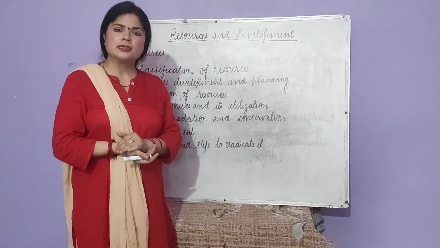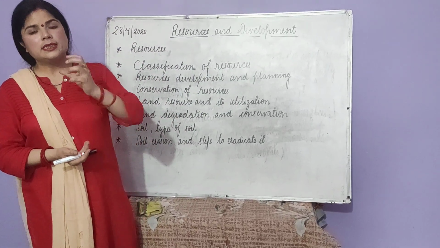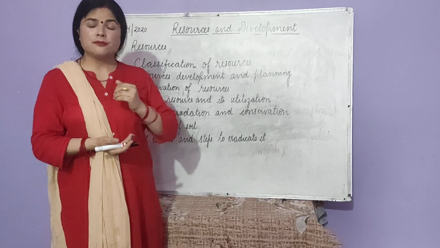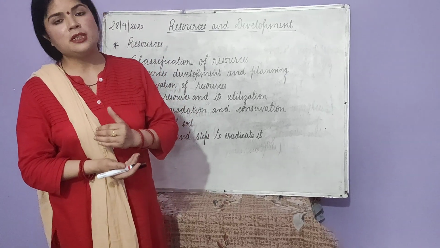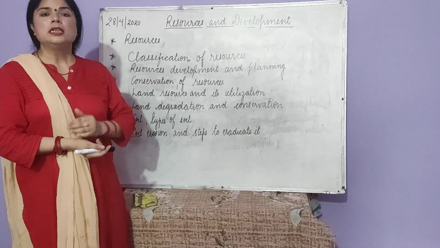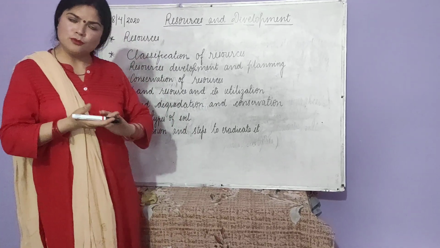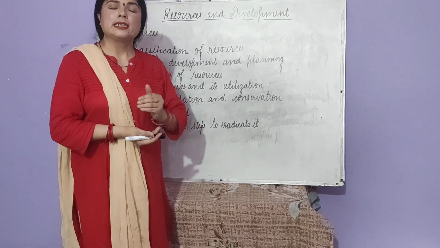But students, this is very important to know that there are few things which are very essential to use these resources in a very proper way. What are these things? These things are human resource, technology and institutions.